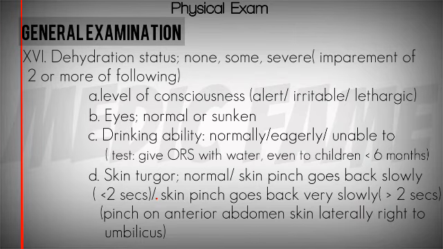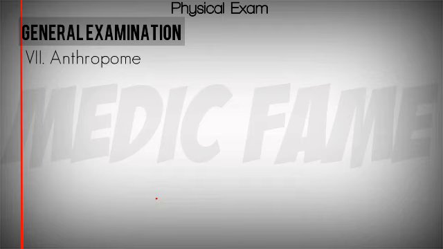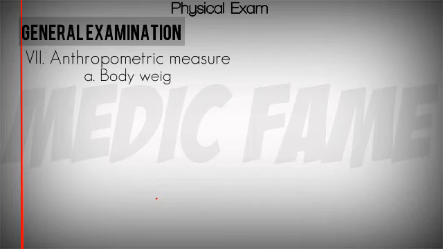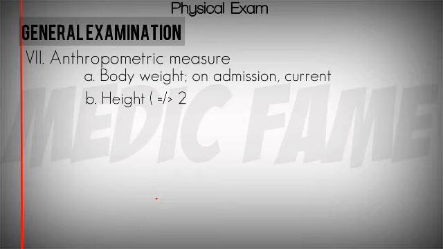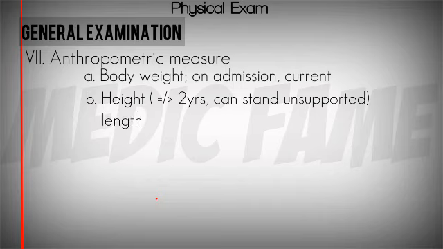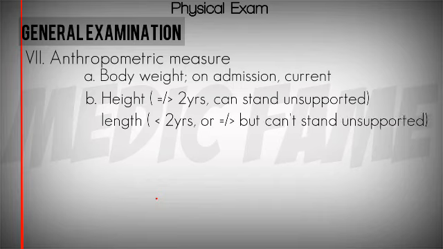After that, we go for anthropometric measurements, on which first we should measure the body weight on admission and also currently, and also the height if above 2 years and can stand unsupported, and the length for those who are less than 2 years or can't stand unsupported.